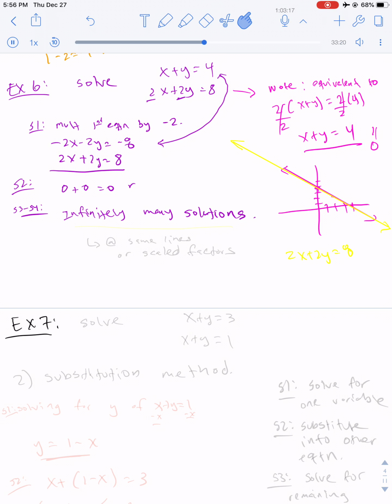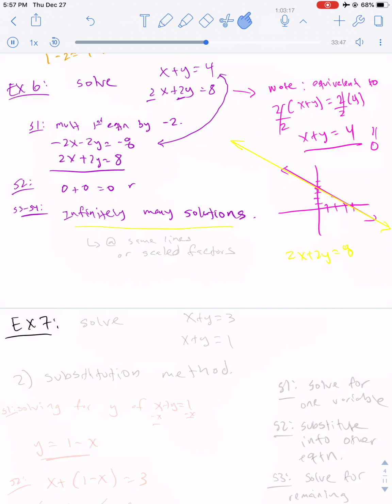So see, the lines are technically the same over the overlap, so in this case, you have infinitely many solutions. Now take note, when does this happen? Infinitely many solutions happens when it's a scaling factor, meaning I scaled this equation by multiplying by 2, and essentially they're the same line.